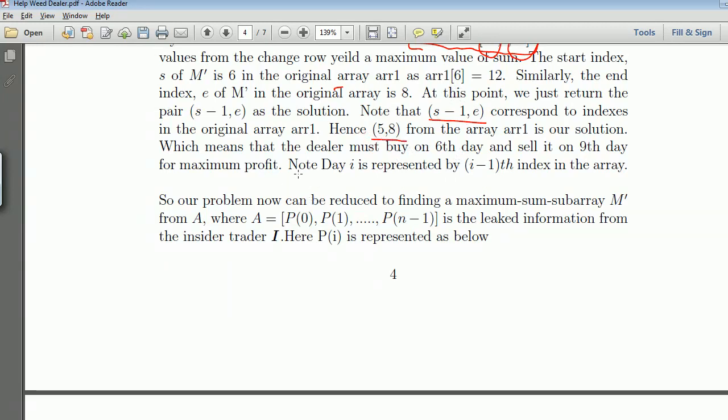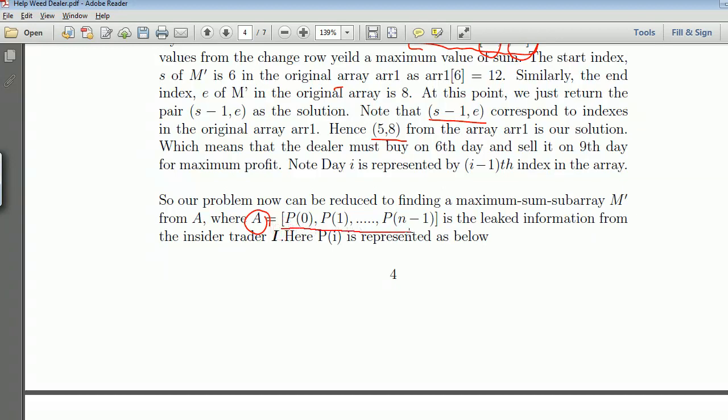Okay, so let's formalize this problem. Let's consider the array A, and this array A is the information given to us by the insider trader. Okay, and these are the values.